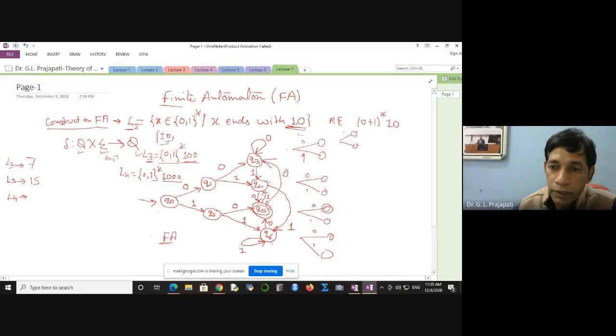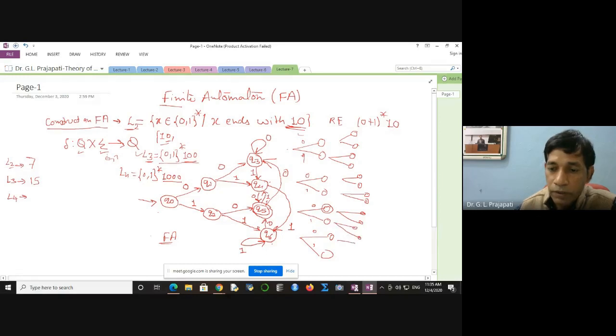one step further, and for 0 and 1, here also for 0 and 1, and from this state also you have to give the transition. From this state also you have to give the transition, and from this state also, like this.